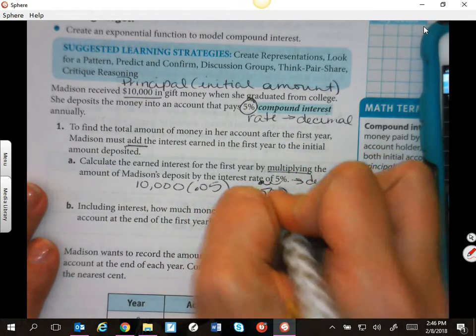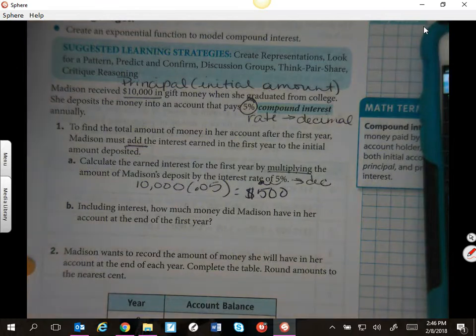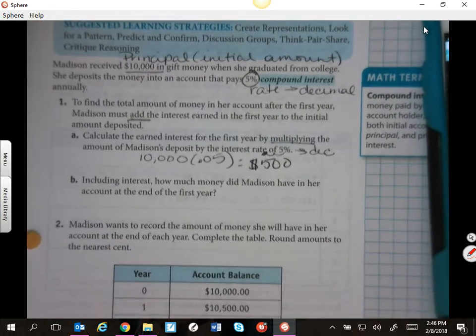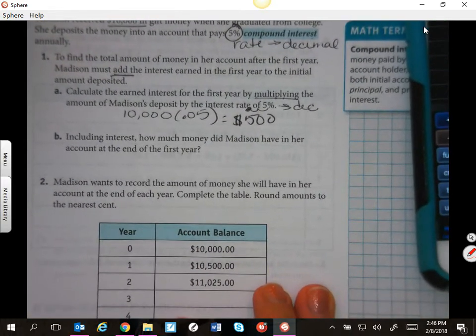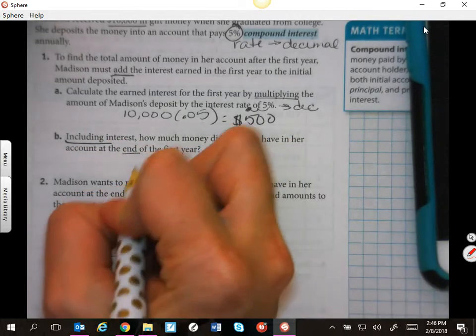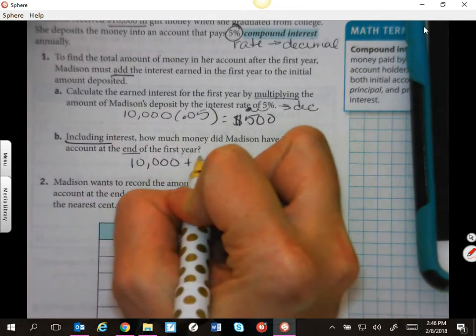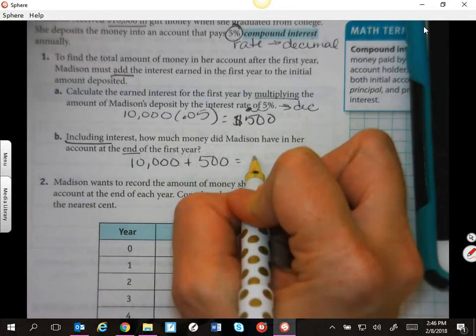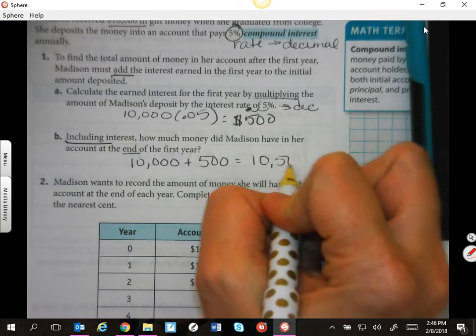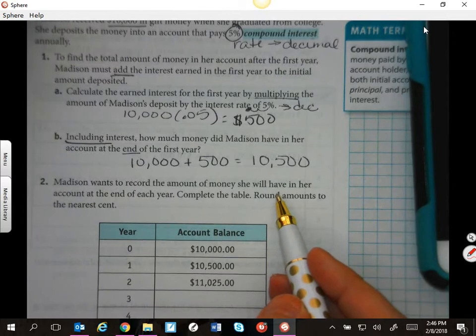Okay, so a 5% interest rate at a bank would be a very high interest rate, so this is not very real to life, but for our example, that'll work. So including the interest, how much money did she have at the end of the first year? We take that 10,000 plus the interest of 500, and she now has 10,500.